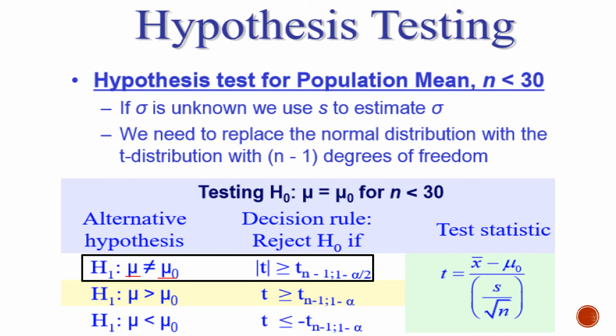Hence, our decision rule will be reject the null hypothesis if the absolute value of computed t is greater than or equal to the critical value of t. And this one, n minus 1, is the degrees of freedom, while this 1 minus alpha over 2 is the percentile. And we are going to use this test statistic.